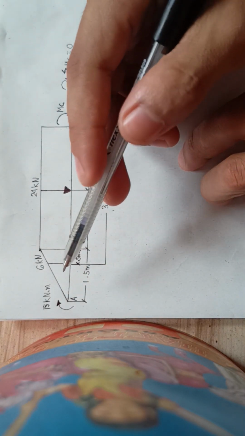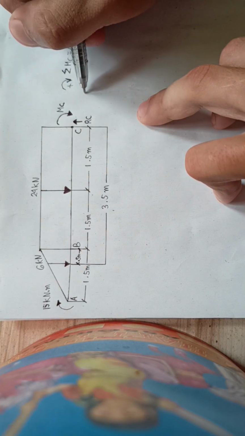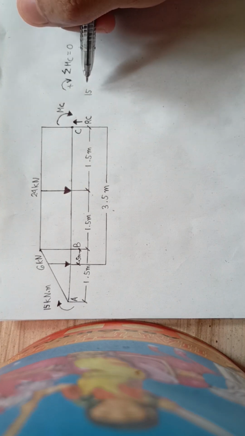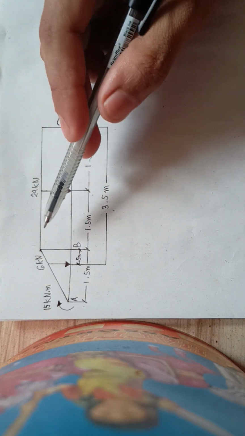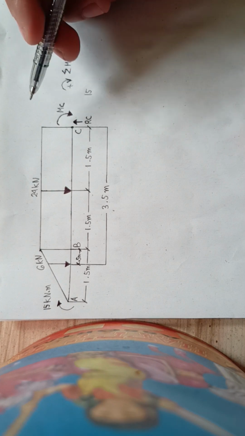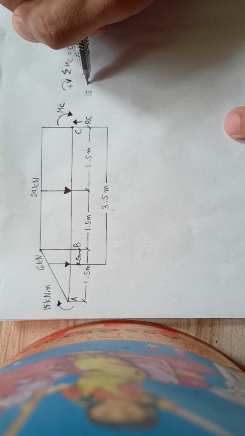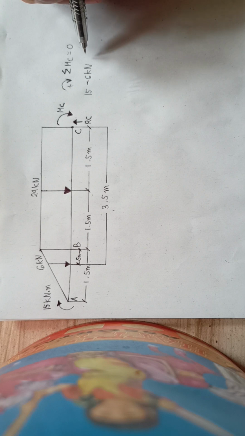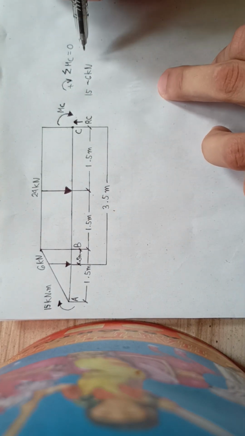Since it is in a clockwise rotation, this is positive 15 kilonewton meter. Then our 6 kilonewton here is in counterclockwise rotation, so it is negative 6 kilonewton times its distance of 3.5 from point C.